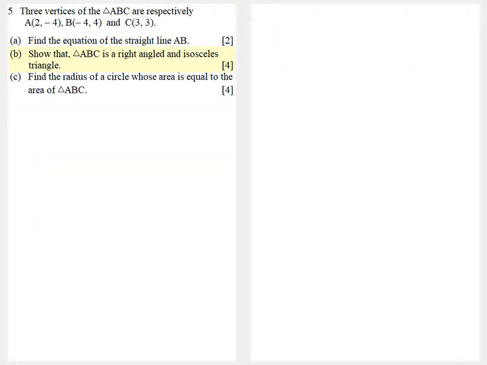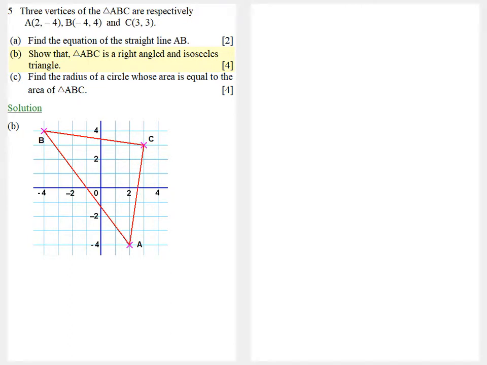Now in part B, we have to show that triangle ABC is right-angled and isosceles. To do this, it's probably easiest to start by showing that it's isosceles. To calculate the length AC, we can use the formula for the length of a line. It's the square root of (x2 minus x1) all squared plus (y2 minus y1) all squared.